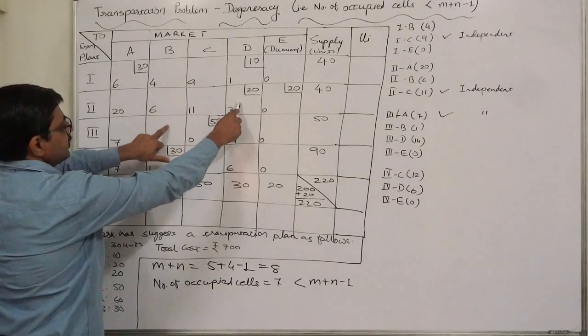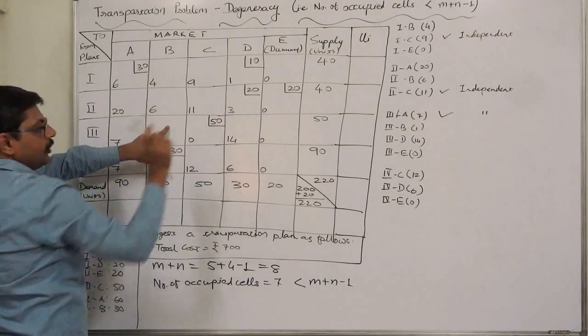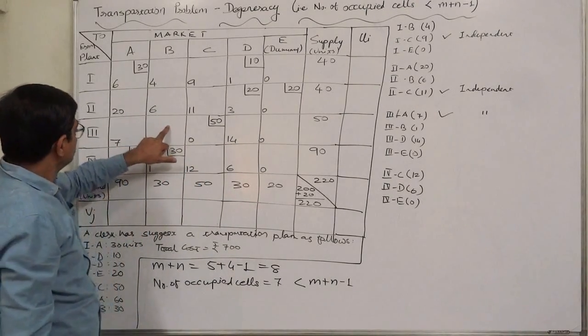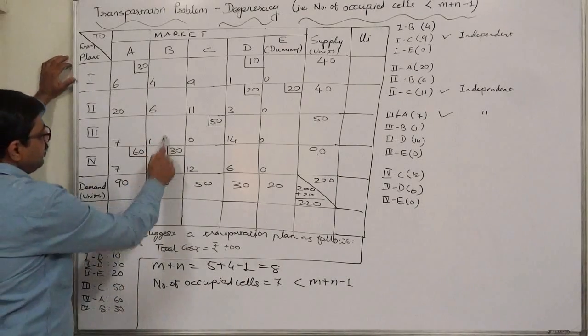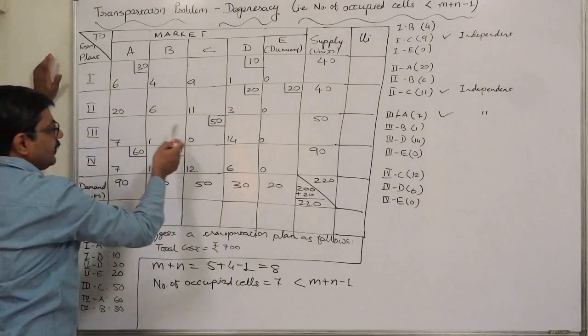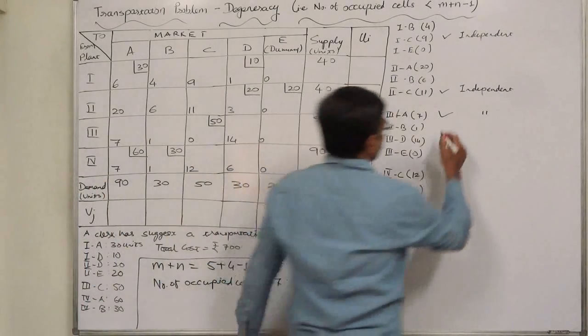But we can't reach here because we cannot draw a closed loop with a diagonal line. Let's try again. 1, 2, 3, 4, 5, 6. No, we cannot reach here again. So 3B is also independent.